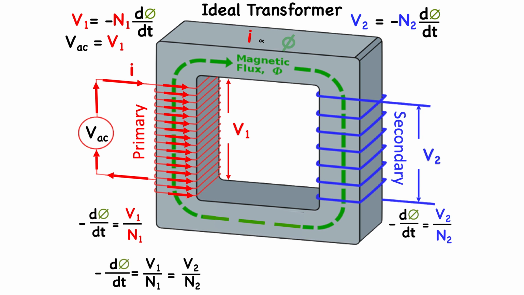Therefore, we can write minus dφ/dt is equal to V1 divided by N1 is equal to V2 divided by N2, which means V1/N1 is equal to V2/N2. Or rewriting it, we can see that V1/V2 is equal to N1/N2.